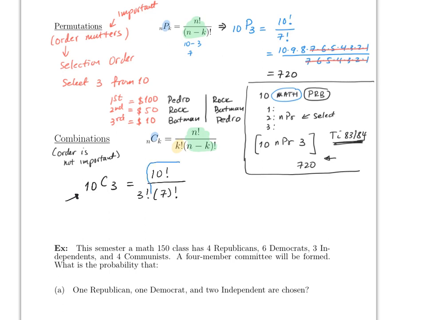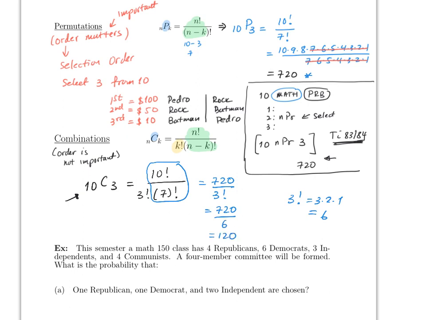Remember that we did this part already. So from the last part, this was equal to 720. So therefore, this is the same thing as 720 divided by 3 factorial. Remember that 3 factorial means 3 times 2 times 1, which is just 6. So this is 720 divided by 6, which is 120.